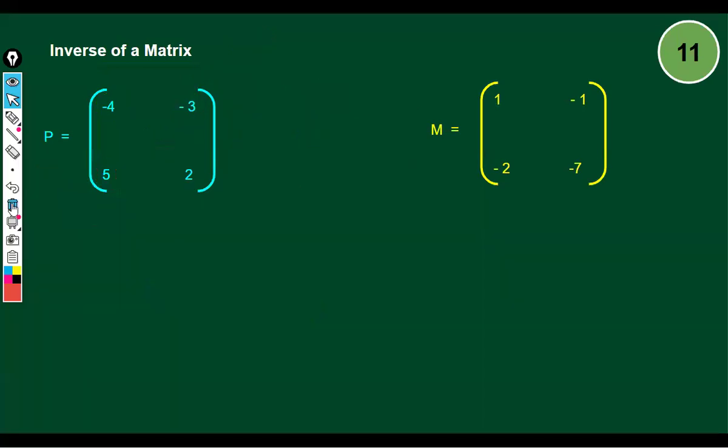Let's find the determinant of M first. I'll do some of the work in here. So we multiply the more important diagonal first. So to find the determinant of M, it is 1 multiplied by minus 7. You must put a minus sign.